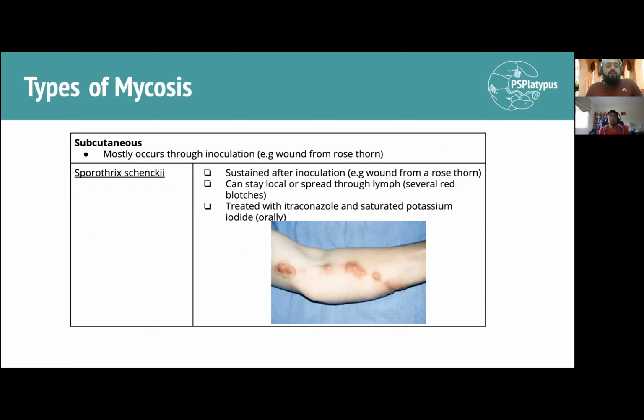One example of subcutaneous mycosis is Sporothrix schenckii. It's acquired after inoculation, and it can stay local at the site of infection or inoculation, or it can spread through lymphatics, and it's usually treated with itraconazole and saturated potassium iodide.